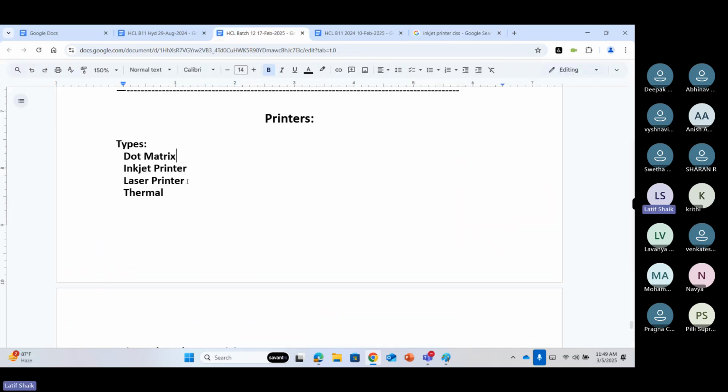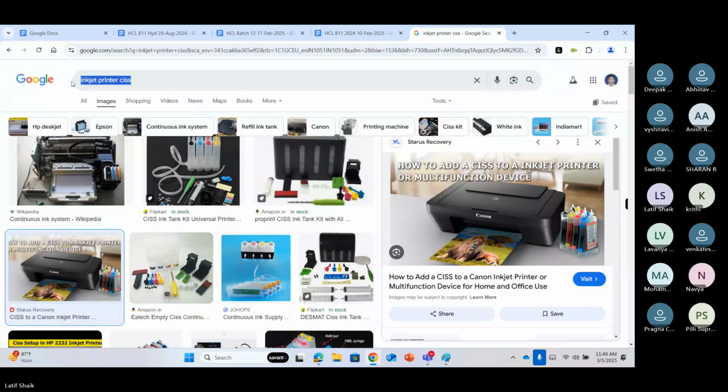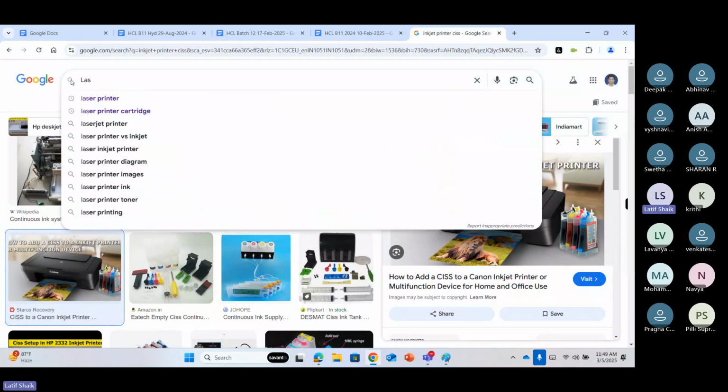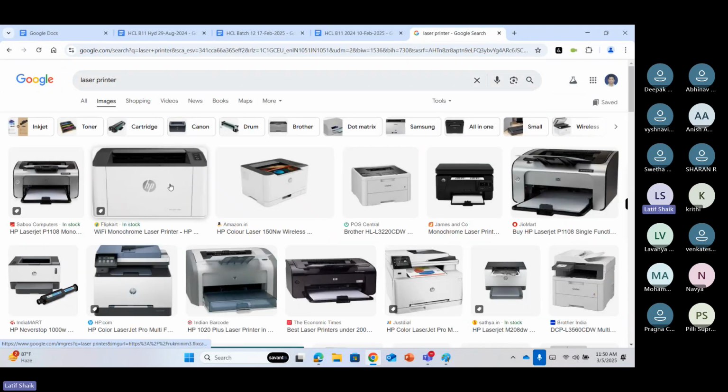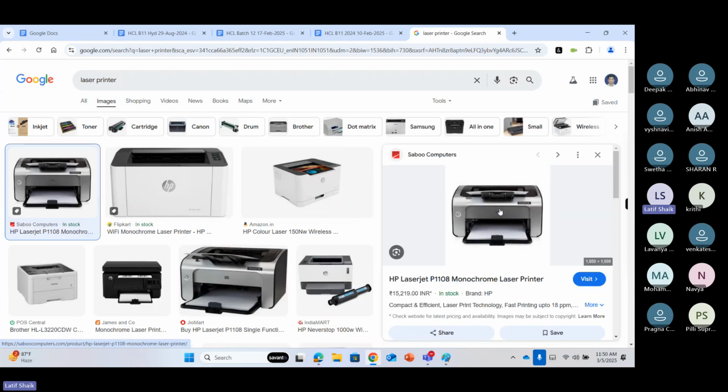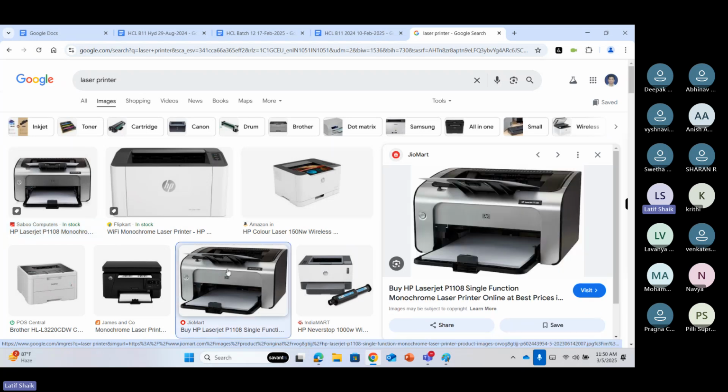Next is the laser printer. Laser printers use a cartridge that has a kind of powder inside. We'll see the cartridge also, but first how the printer looks. This is a normal monochrome laser printer. Most laser printers are monochrome only.